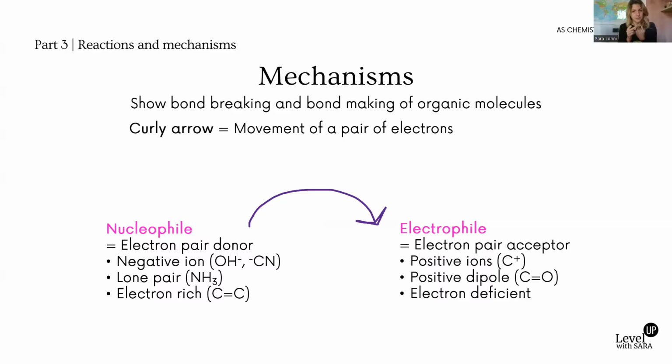Electrophile, electron pair acceptor. We have carbocations, positive dipoles, so check the dipoles, remember how to work out dipoles, so basic electronegativity, okay, and electron deficiency that you will see when you do benzene and you look at the halogen carrier.